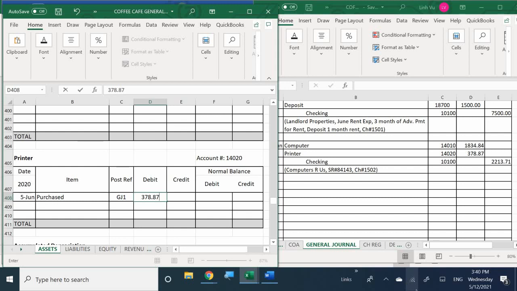All right. And I'm also going to indicate here that my debit once again is the 378.87 because that's my beginning balance, right? Don't need to format it. It's already looking good, right?